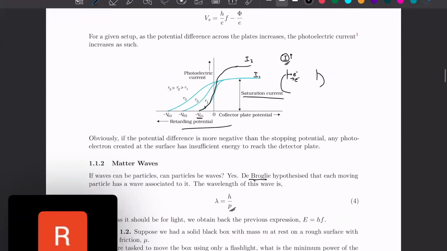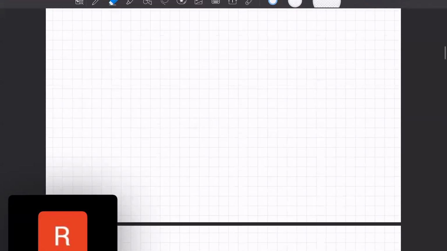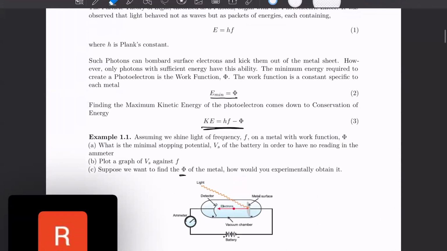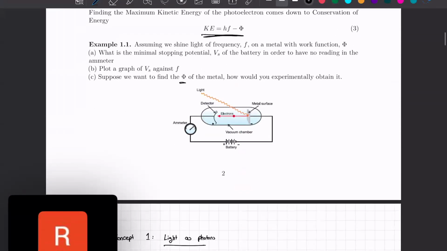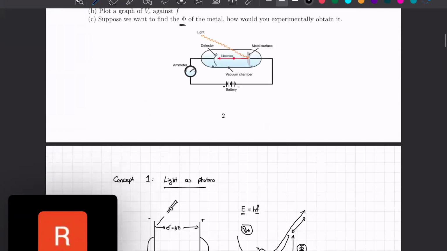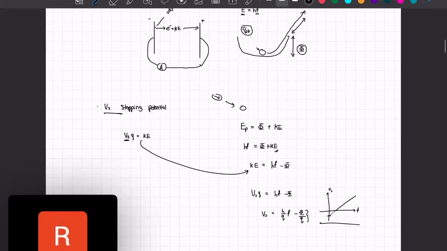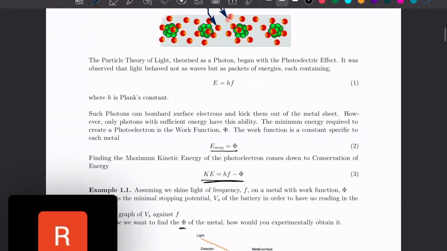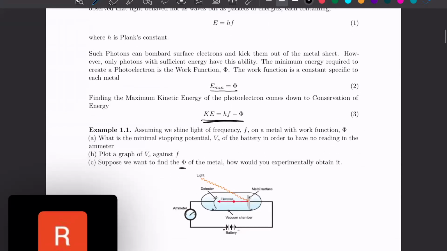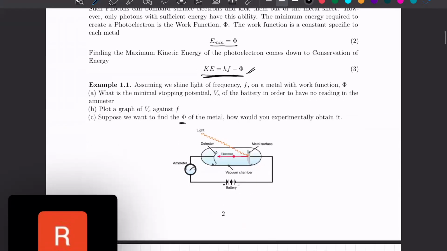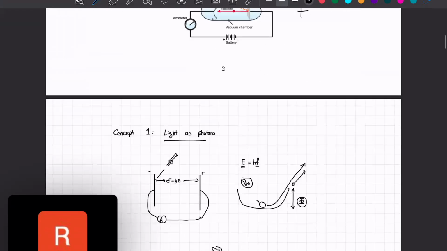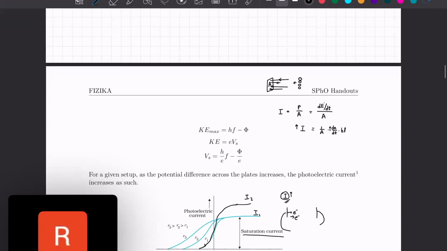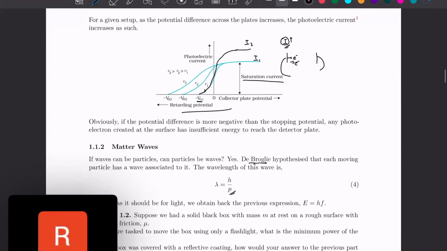So as you just saw, if you haven't done this topic before, there are a few new concepts lah. Maybe concept one is that light is a photon, and then we did energy conservation to get this expression, and then we talked about the two different diagrams, right? One about the stopping potential and another one about the photoelectric current.